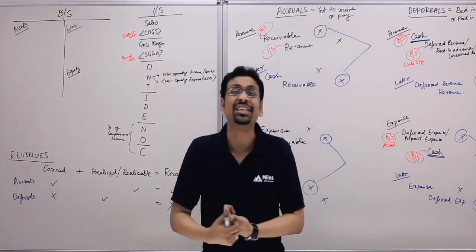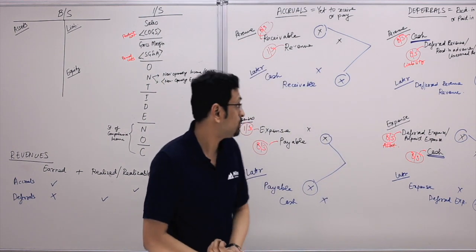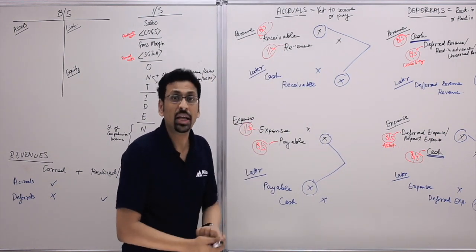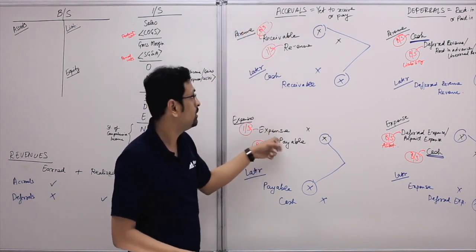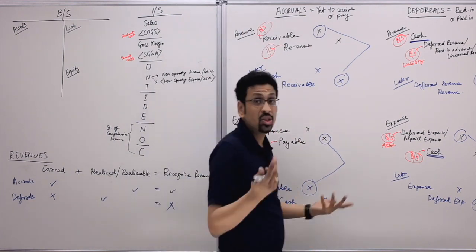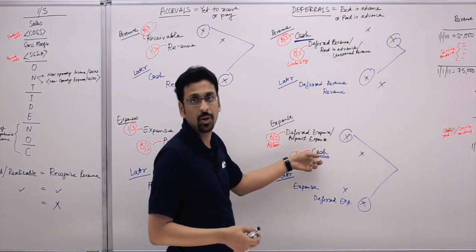So we're looking at expense incurred, whether or not paid out by cash. So if the expense is incurred, cash not yet paid out, that's an accrued expense. Expense payable, liability. When it's cash paid out, but the expense not yet incurred, that becomes a prepaid or deferred expense, cash paid out.